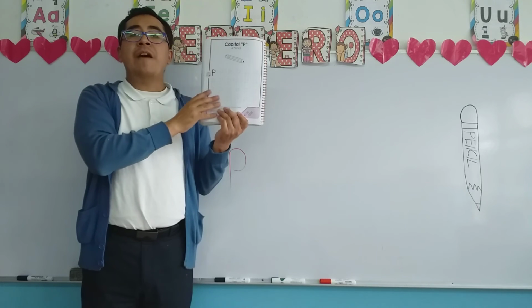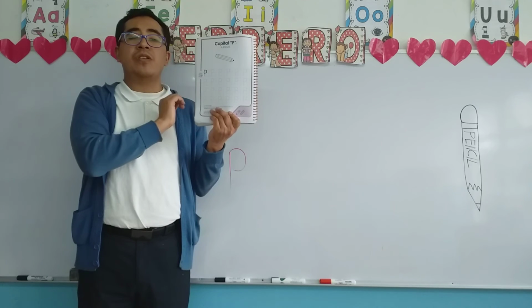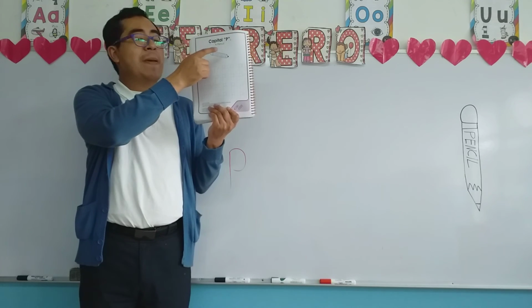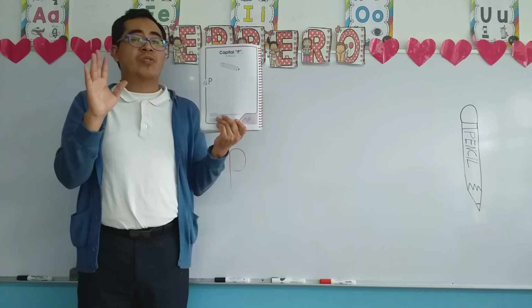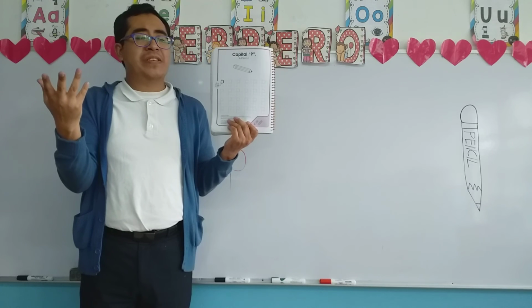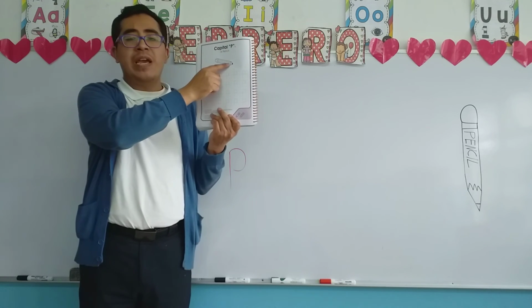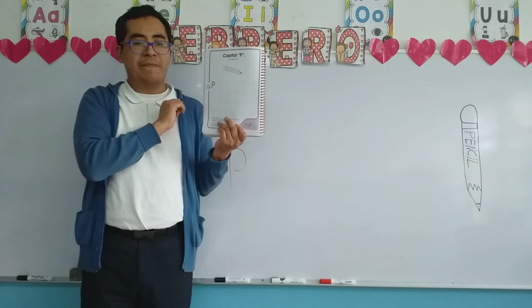Capital P. After you finish tracing all examples of the letter, we continue with the second part, which is painting the object. Now, as I mentioned it, most of all pencils have color yellow, but if you want to use another color, there is no problem.